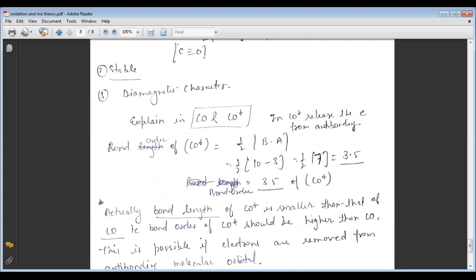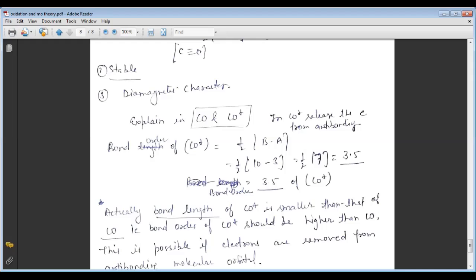Here is one question for the students: explain the difference between CO and CO plus. I give some hint. In CO plus, there is a loss of an electron.